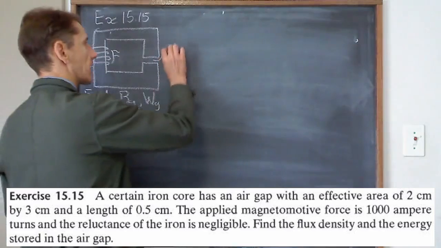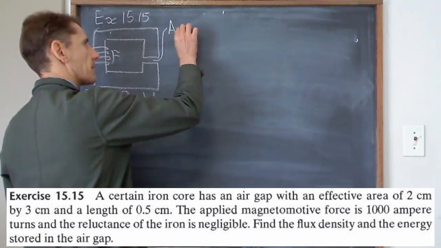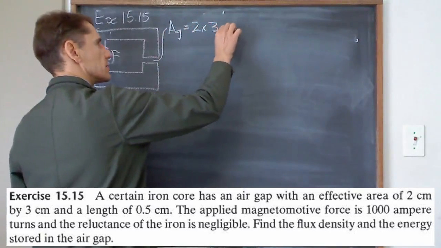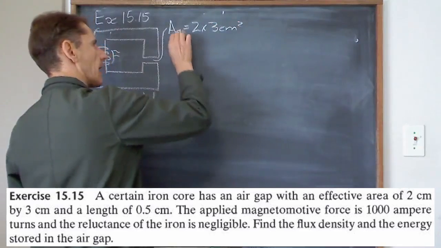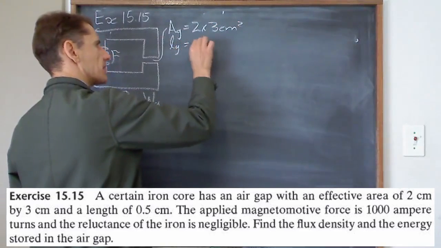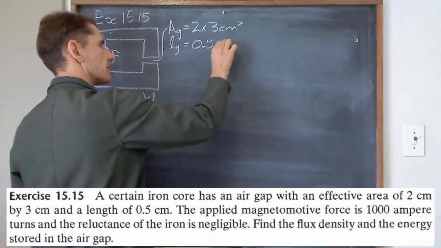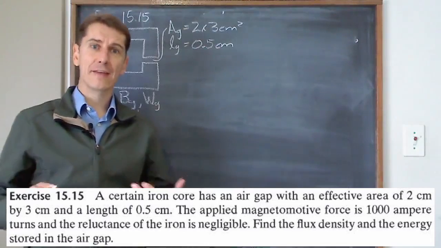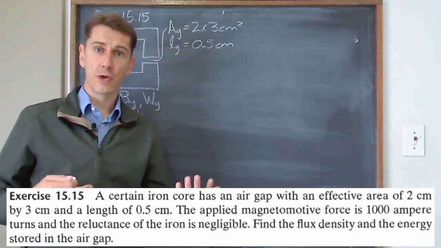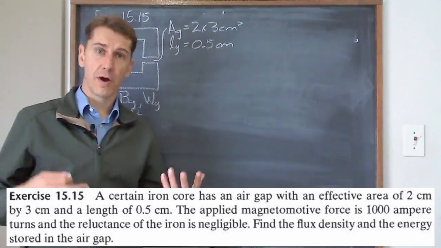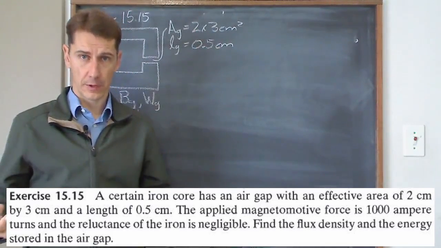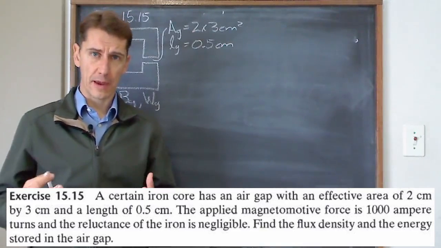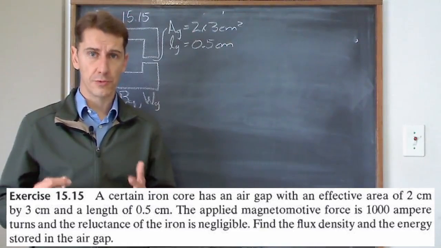So this air gap over here, the air gap area Ag is 2 by 3 centimeters squared, and the length of the air gap is 0.5 centimeters. So don't go and add the 0.5 to the 2 and the 3 and say it's 2.5 times 3.5. They already give us the effective air gap area, so you just use the 2 by 3.